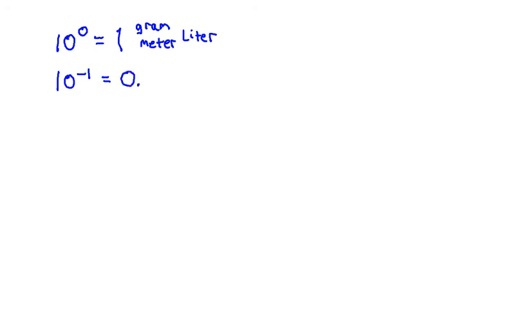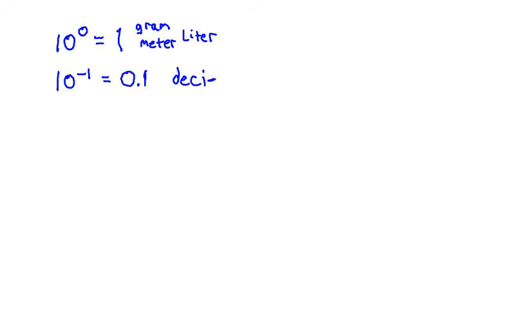So we've done all the positive ones. Let's just go down the row and do all the negative ones. So we always start with 10 to the 0, and that equals 1 gram, 1 meter, 1 liter, or anything else, just one of it. 10 to the negative 1 is 0 and then 1, so 0.1, and that is deci.